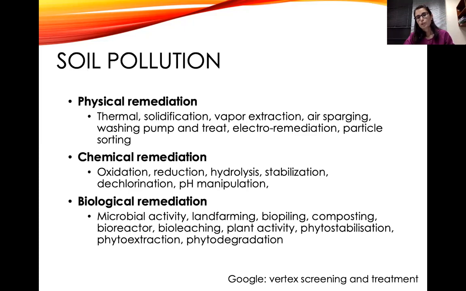Or it could be biological, where you're either putting a plant, or it could be an extensive bioremediation technique. For example, land farming or biopiling, they're all techniques where you literally take that site as a bioremediation site. Atka, do you have a question?